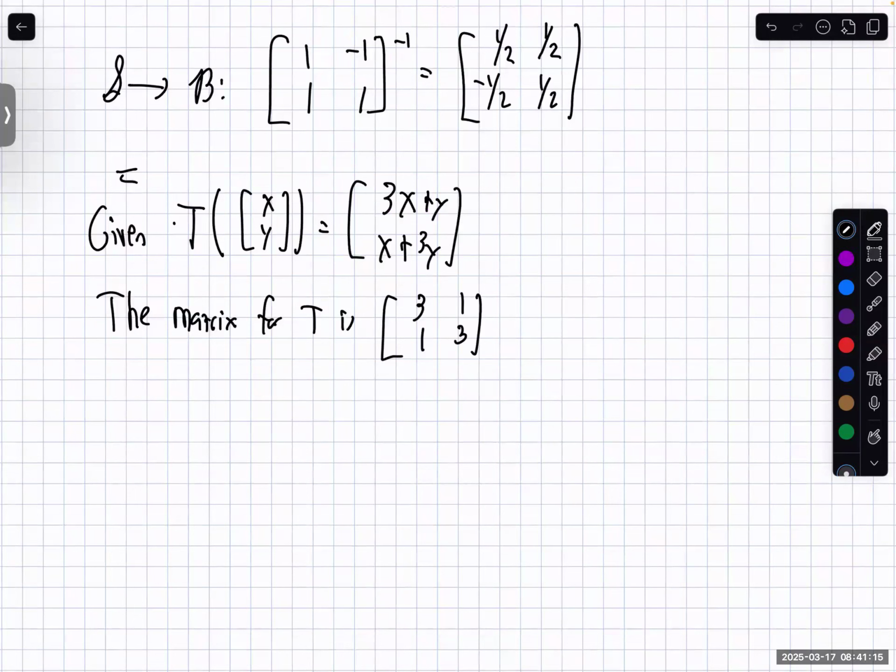So we talked about if we have a transformation, a function that takes vector inputs to vector outputs, we can represent it by a matrix.